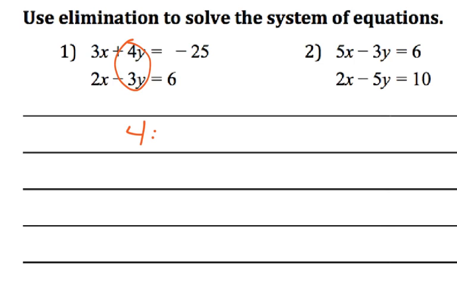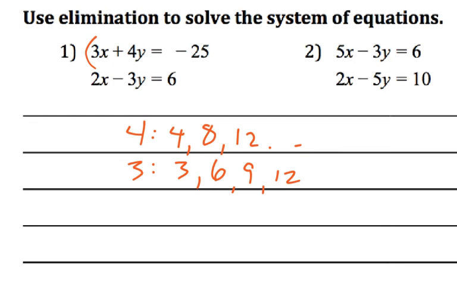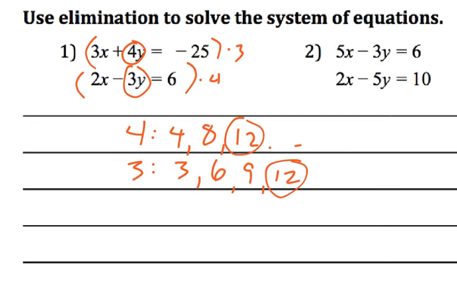So here's 4. I know that I could double 4, which would give me 8, or triple it, which would give me 12. So it's kind of like just multiplying. And then likewise, with 3, I could get 3, 6, 9, and then 12. So if I multiplied the first equation by 3, and this equation by 4, both of these would become 12, and it would really let me eliminate.